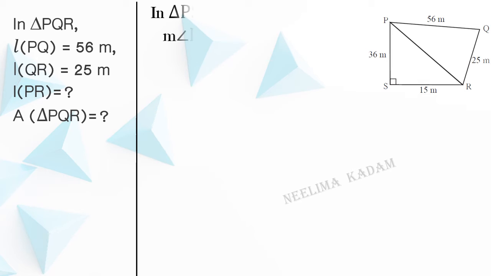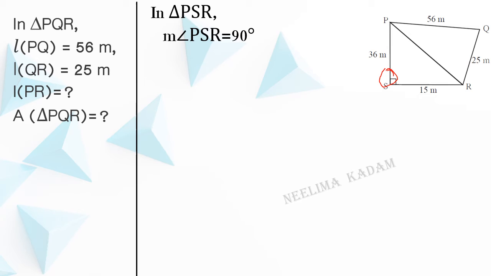Now, as you see in triangle PSR, measure of angle PSR is 90 degree, right? So this is a right angle triangle. So this is base and this is height. So right angle triangle and PR is the hypotenuse of this triangle.